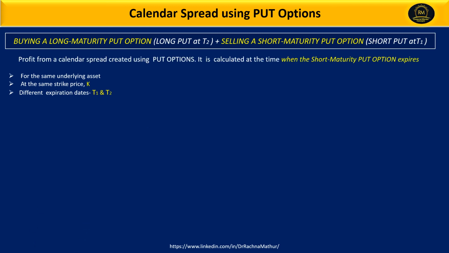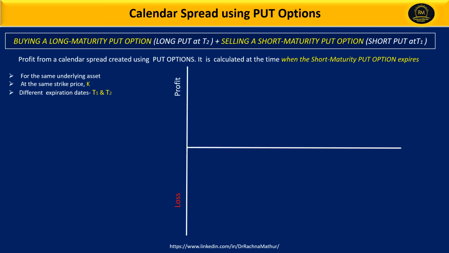Let us see the figure which shows the profit from the calendar spread using put options. The important point to keep in mind is that the profit is calculated at the time when the short maturity put option expires, that is, the short put which expires at time T1.